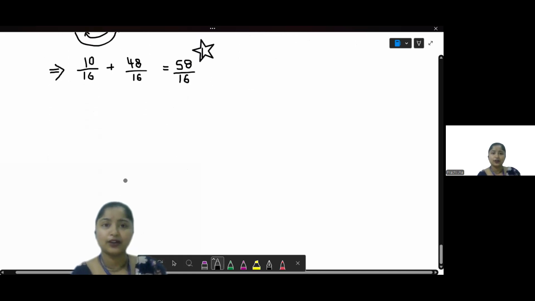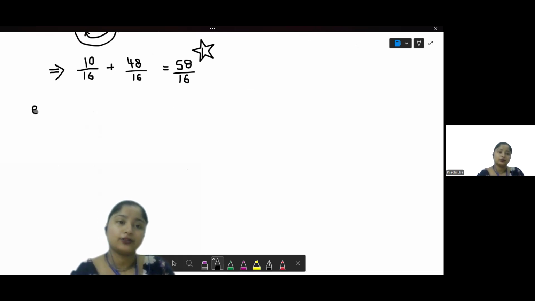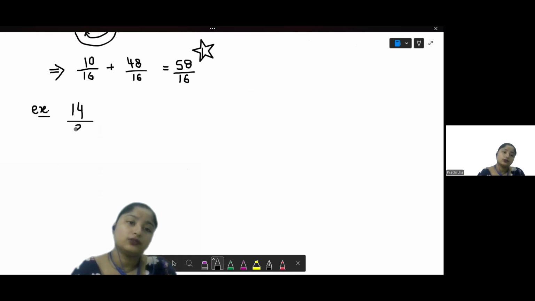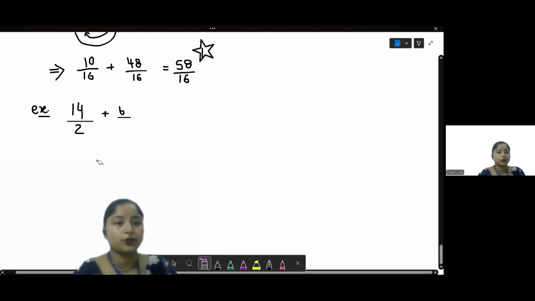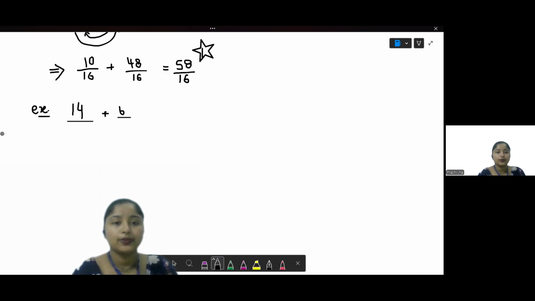Let's try solving a few more examples of unlike fractions. Let me write it over here. Let's say this is 14 by 4 and this is 6 by 2.